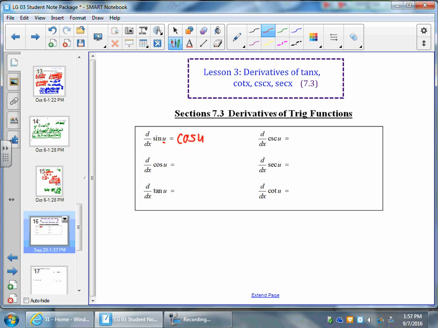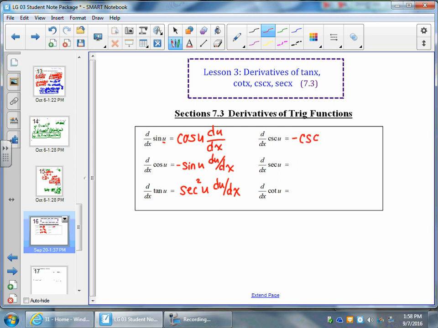So we've got sine is going to become cosine. Cos, again, we've already talked about these ones already. Tangent, the derivative is secant squared u du dx. Cosecant is kind of a longer one.